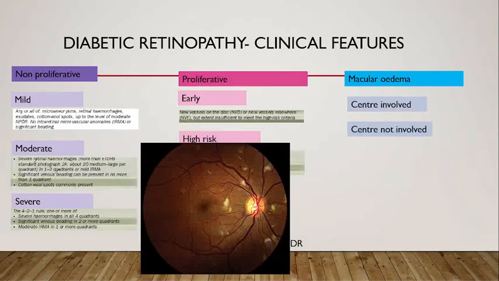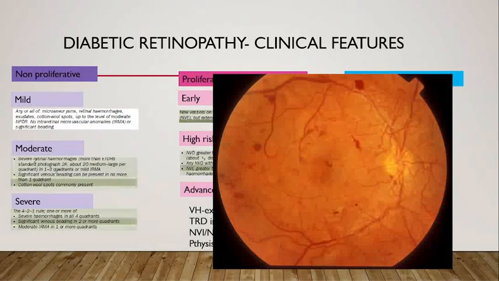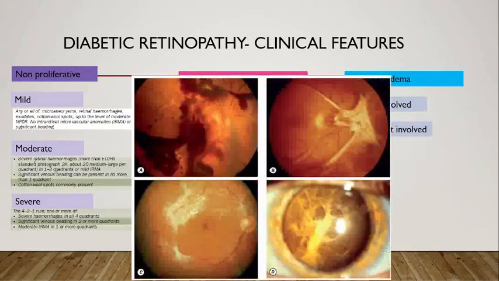Right. So these are cotton wool spots, which are not part of the classification but tell you that there is some kind of ischemia. Cotton wool spots are nerve fiber layer infarcts. These are dot and blot hemorrhages. These are some extensive hemorrhages.